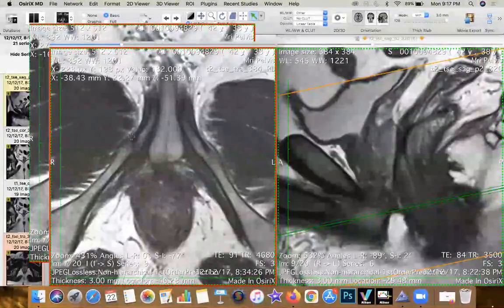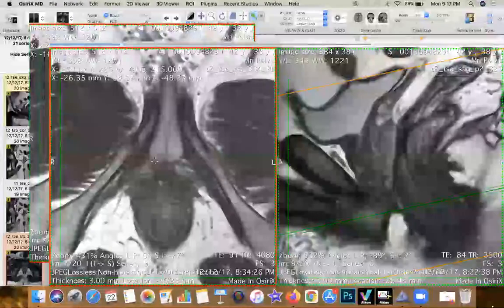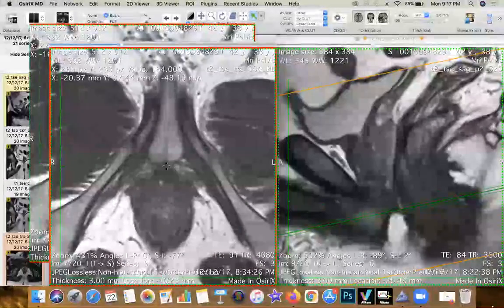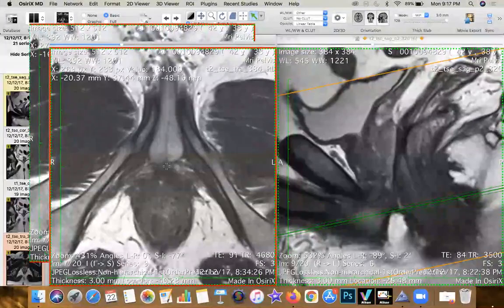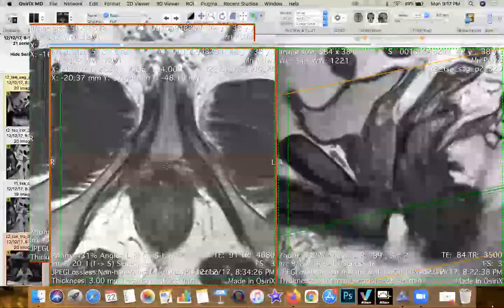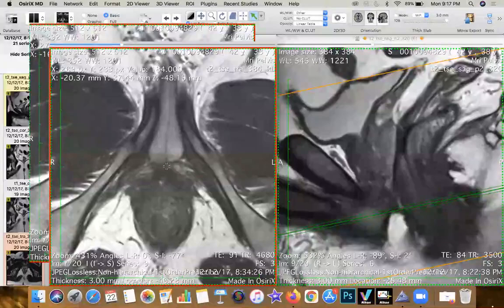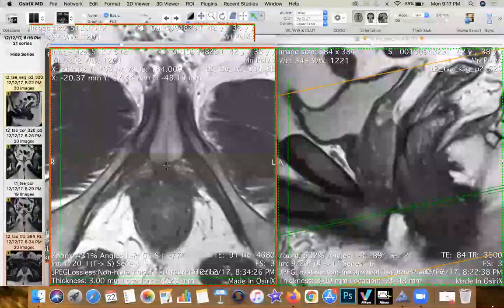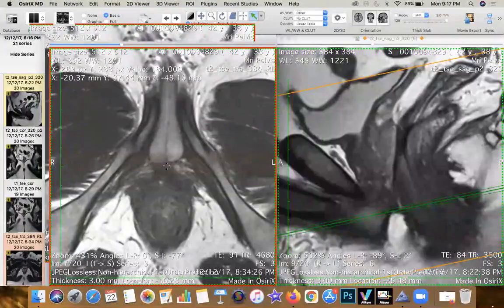The structure which is located ventral to the perineal body is called the anterior urogenital triangle. Now in men, it's a little more complex simply because you have a component which is located above the urogenital diaphragm, and a dominant component which is located below the urogenital diaphragm.